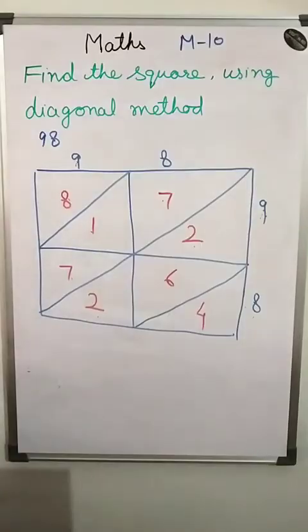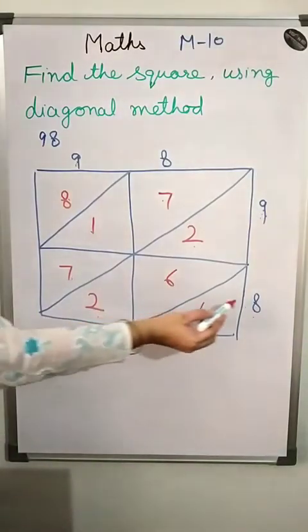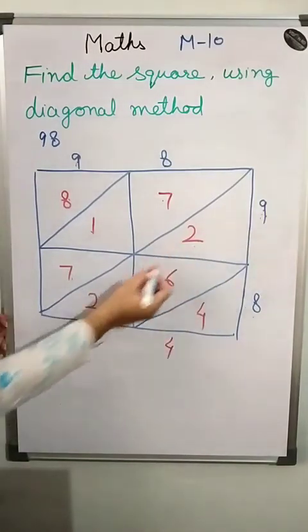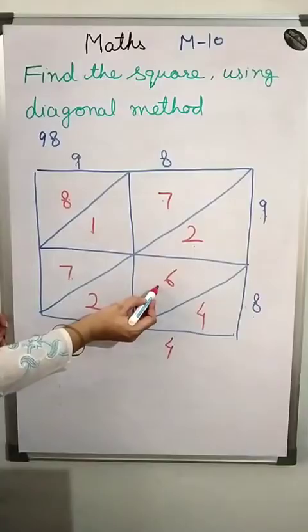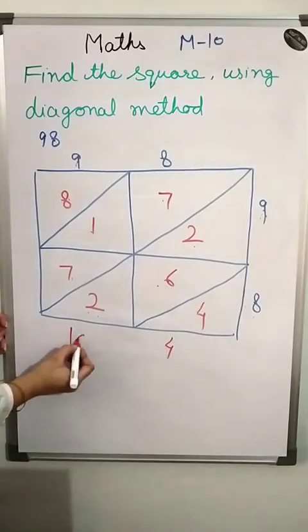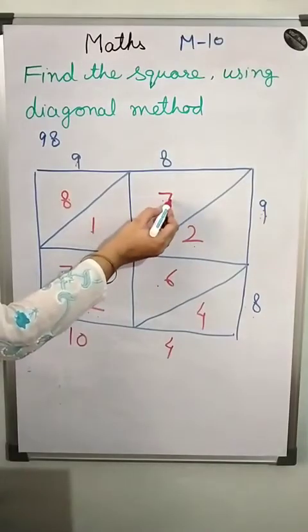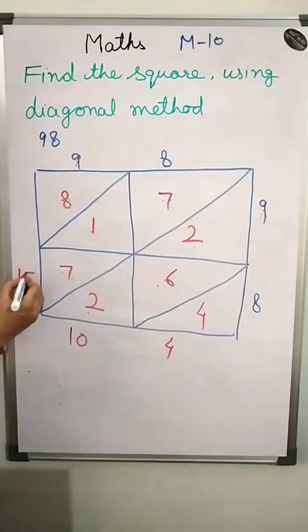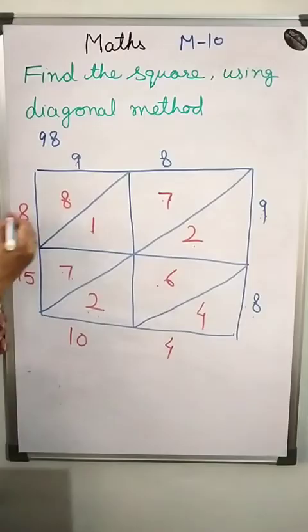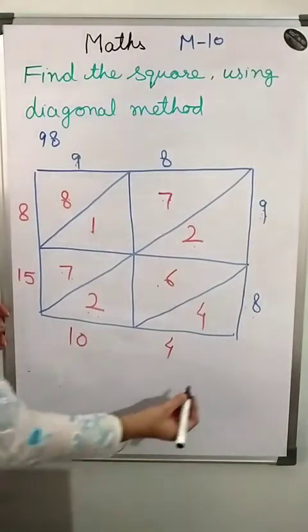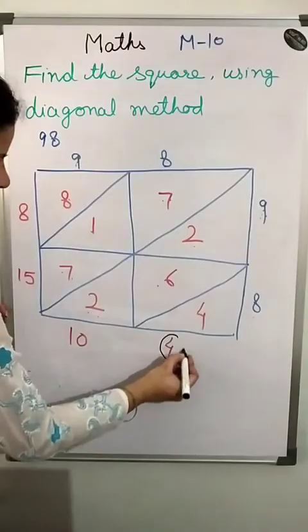Now what we do, we add them diagonally. Means we add this diagonal. So this is 4. Write down 4 here and add them. 2 plus 6, 8. 8 plus 2, 10. 7 plus 1, 8. 8 plus 7 is equal to 15, and it is 8. You write that. Now it is a single number, so mark a circle.